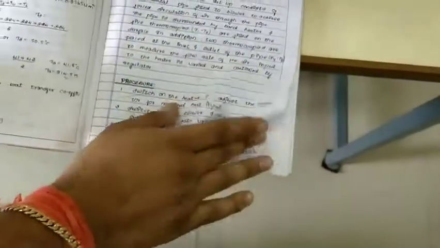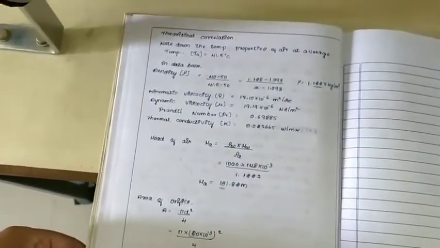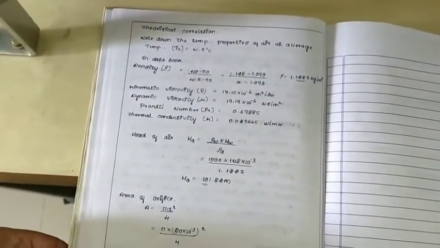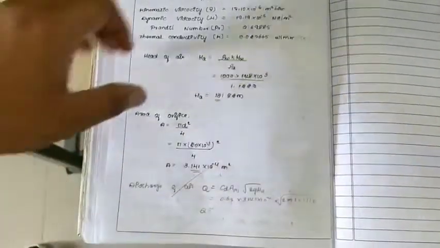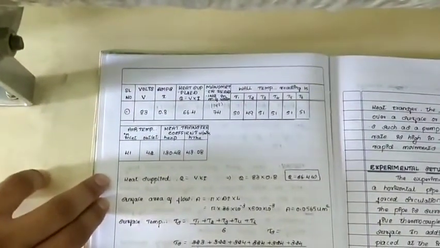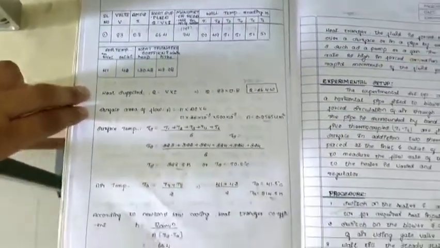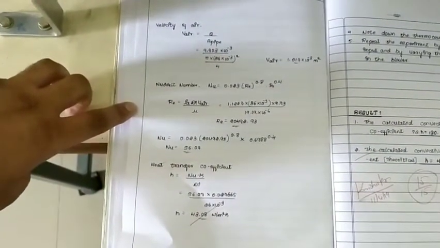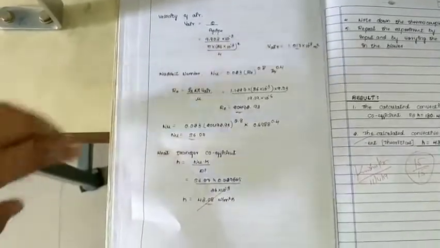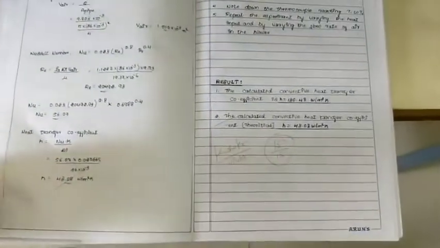And also, in continuation, you can take this screenshot and do the calculations. Okay. For these readings, you take the calculations and you just try it out. Okay. Take the screenshot and you just try out the calculations.